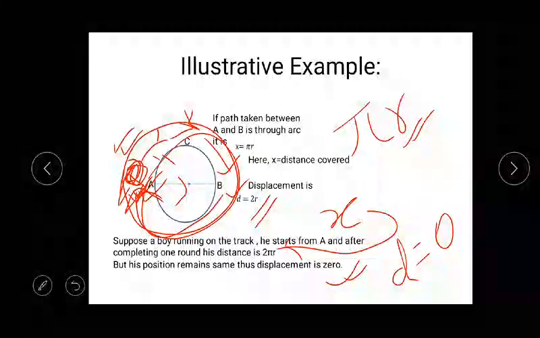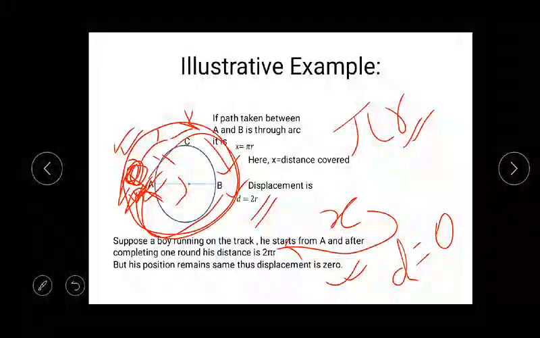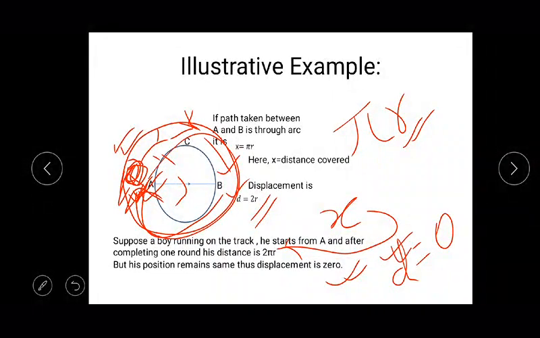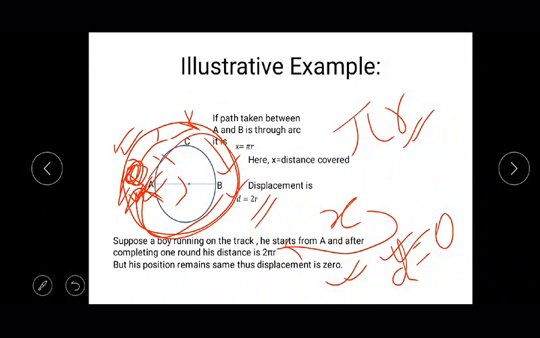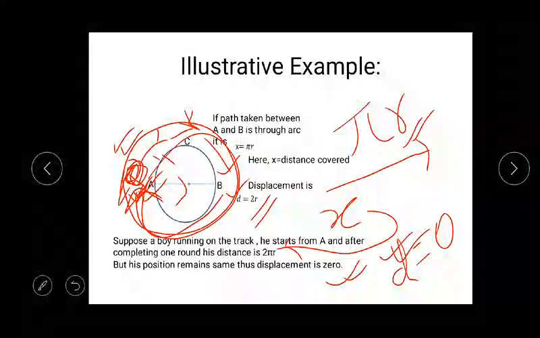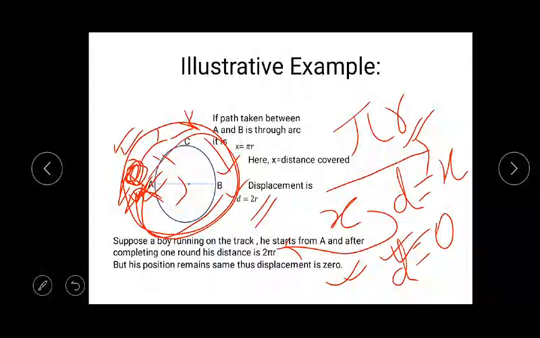So you see that distance can never be smaller than displacement. Both can be equal. If an object is traveling in a straight line, then displacement is equal to distance.